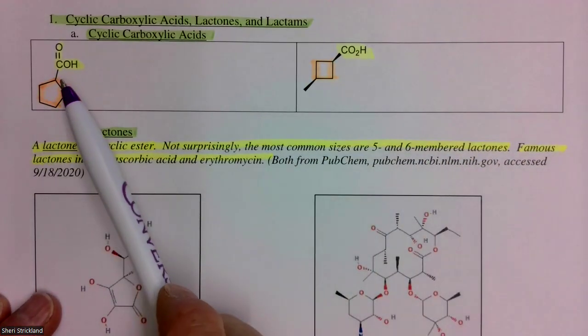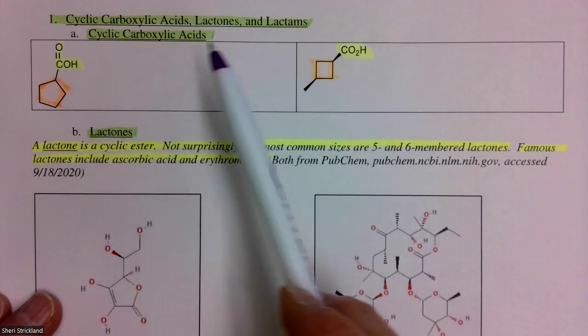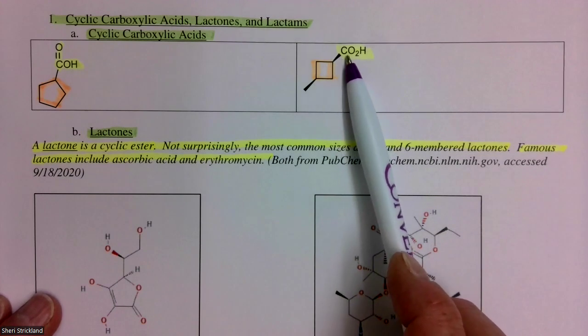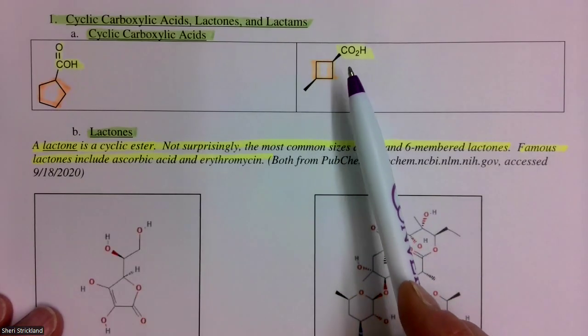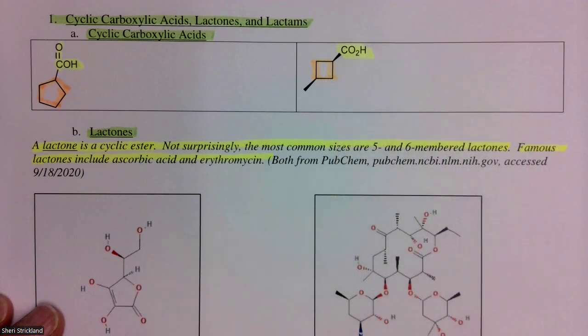And, you know, carboxylic acid groups can be written like this or like that. So I wanted to remind you that that's the case. But with acyclic carboxylic acids, that carbon right there is not only part of the functional group, but the first carbon of the parent. When it's attached to a cycloalkane, it can't serve in both positions. And so that's why decisions have to be made.